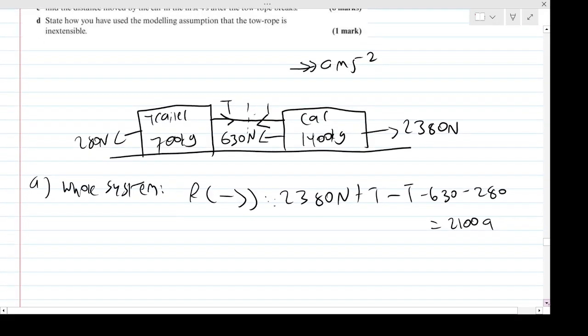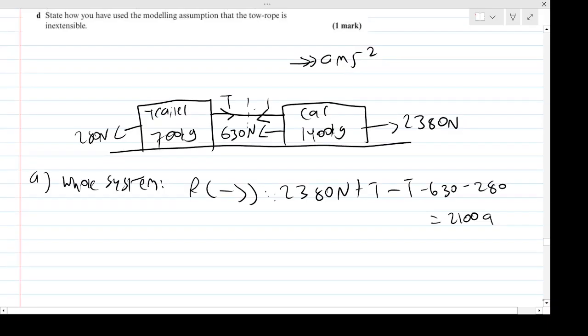So if we simplify this, well, we get 1470 equals 2100A.